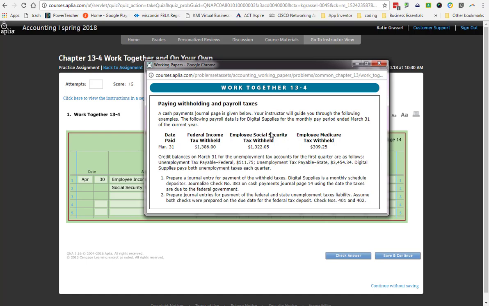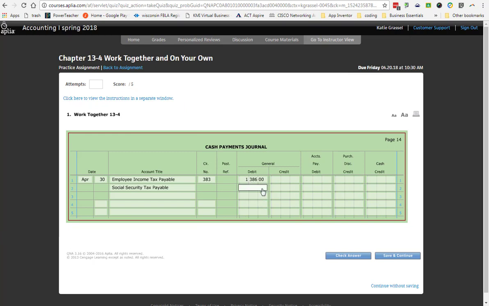Why? I need to pay the employee and the employer. So what number goes in there? How'd you get that number? Multiply by 2 or add the 2 together, either way, right? I am paying the employer and the employee.